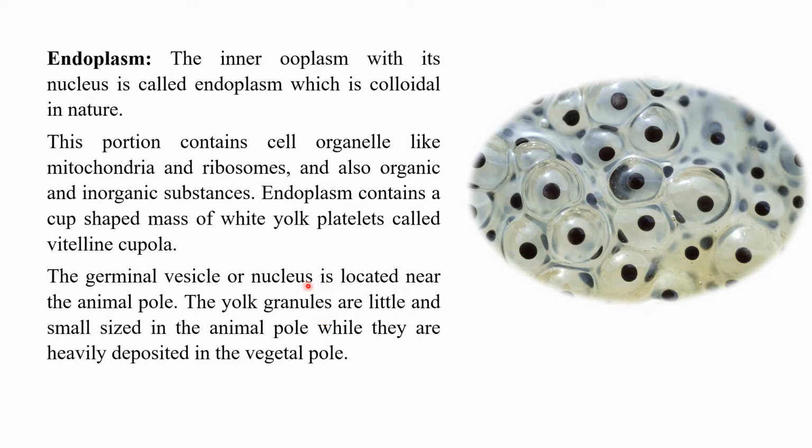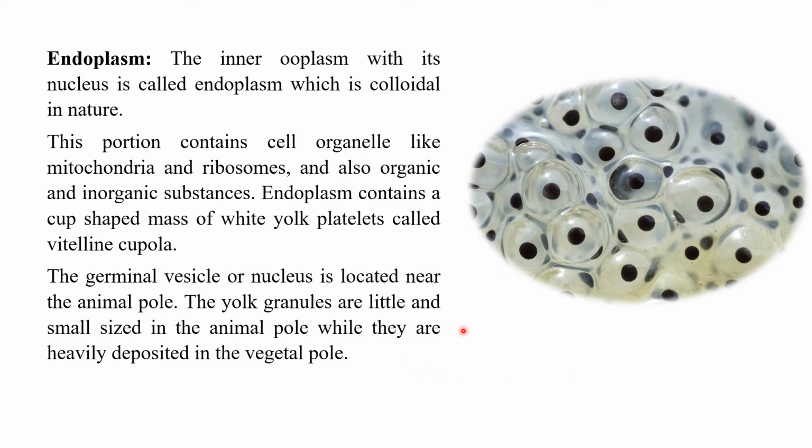The inner ooplasm or the inner cytoplasm of the amphibian oocyte with its nucleus is called endoplasm, which is colloidal in nature. This portion contains cell organelles like mitochondria and ribosomes, and also organic and many other inorganic substances.